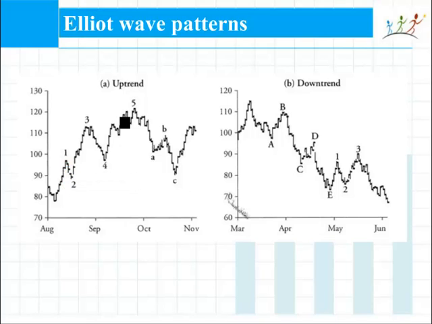Let me plot the waves for you. This is the first wave, this is the second wave, it's smaller, third wave, fourth wave, and the fifth wave. So the uptrend has 5 waves, 1, 2, 3, 4, 5. Whereas the downtrend has just 3 waves. Let's see the waves in the downtrend. 1, 2, 3.